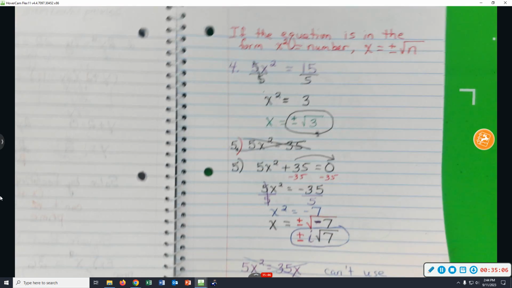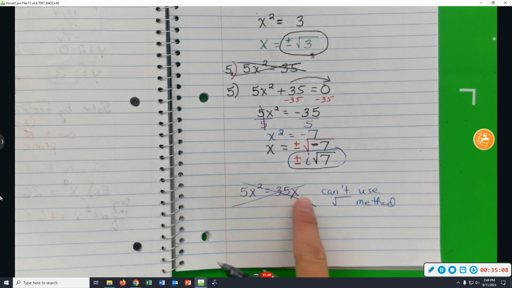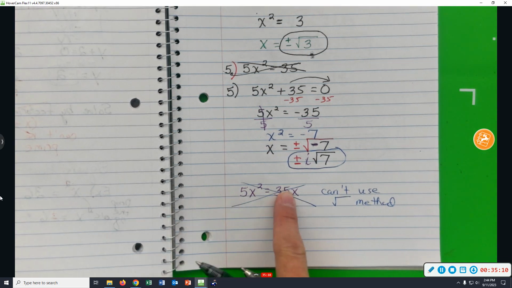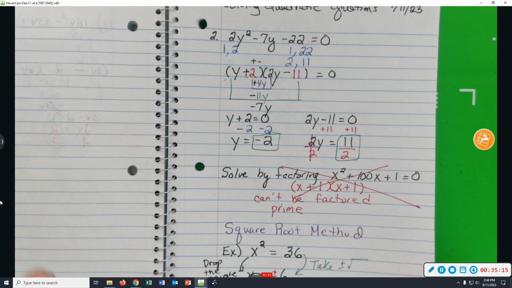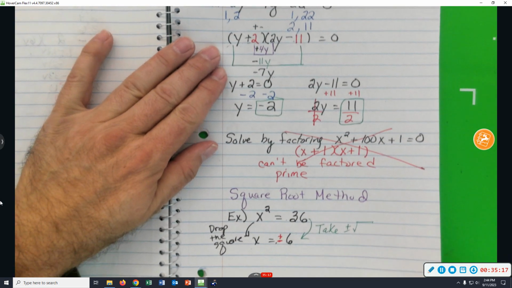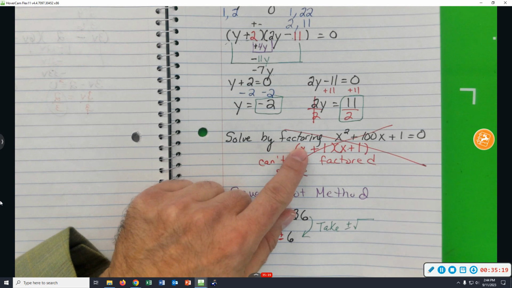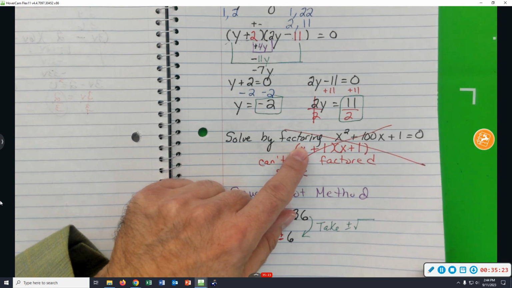It wouldn't work on something like this: 5x squared equals 35x. Also, the factoring method only works if it can be factored. If it can't be factored, then you can't use the factoring method.